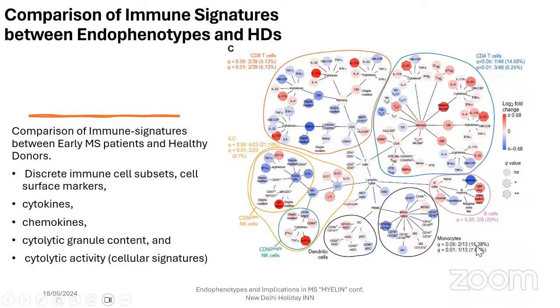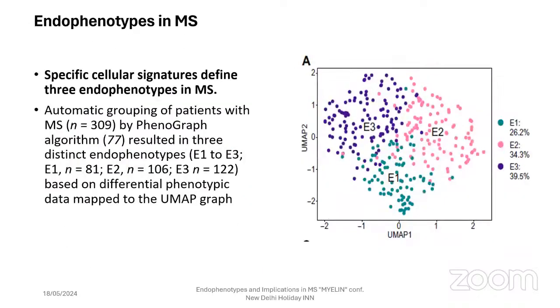As you can see, CD8 T cells, CD4 T cells, monocytes, all these have been studied in comparison with healthy donors. They found that there are specific cellular signatures that define mainly three endophenotypes in multiple sclerosis. They are called E1, E2, and E3 endotypes.